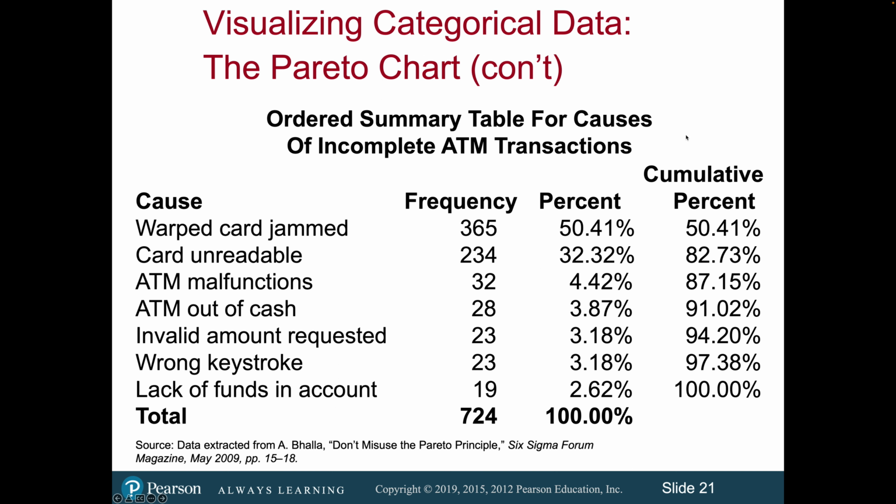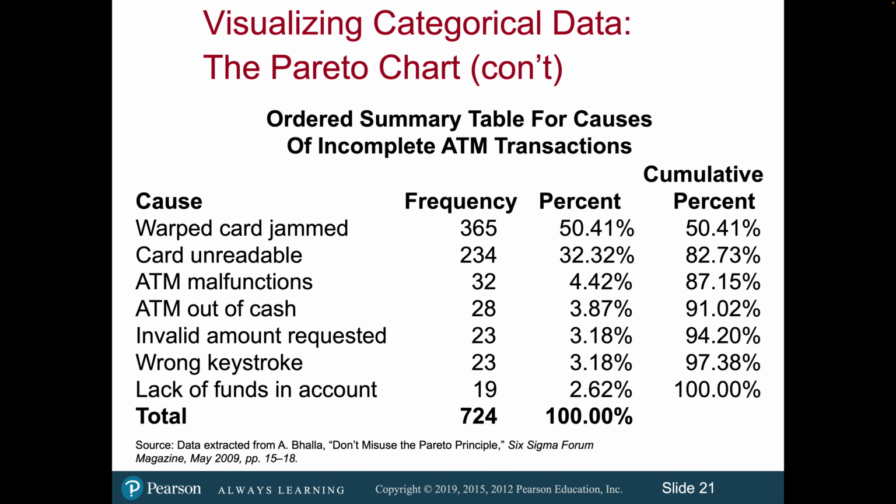Let me kind of motivate it. So first of all, we have causes of incomplete ATM transactions. Some of the causes they give are a warped card jammed, an unreadable card, and at the very bottom, lack of funds in the account.